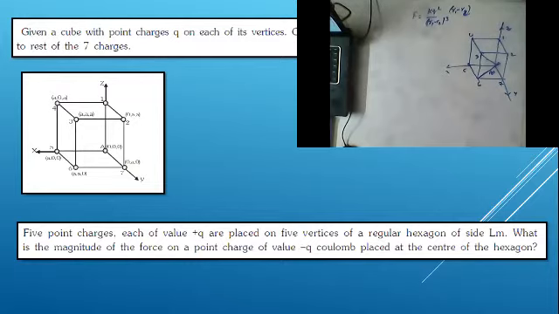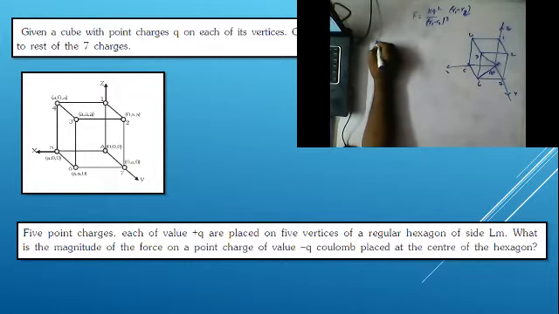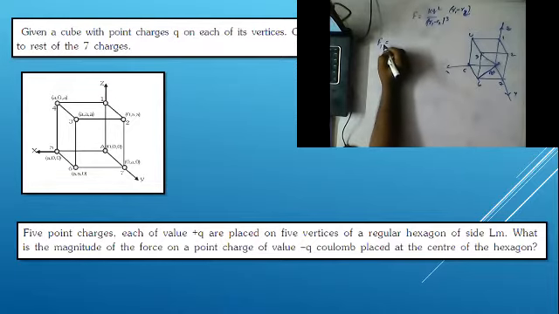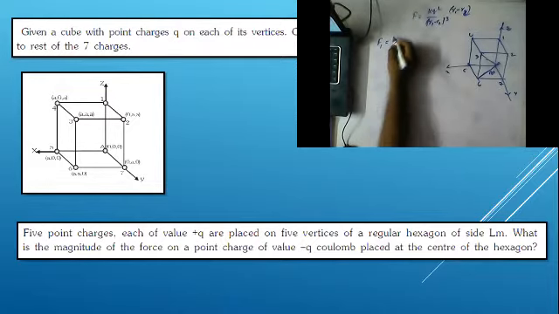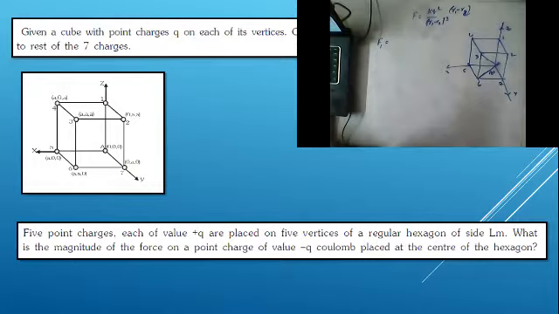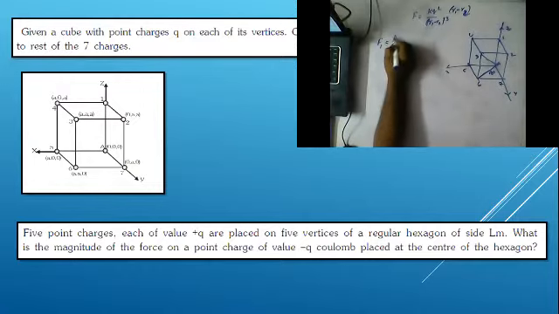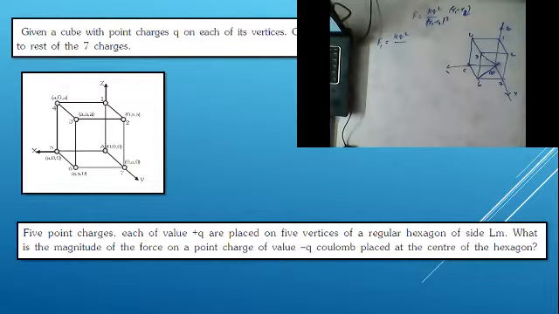Now, first of all, I'm writing F1, because F1 is nothing but the force between A and the first charge. We already know the formula: KQ squared by the mod value cubed.